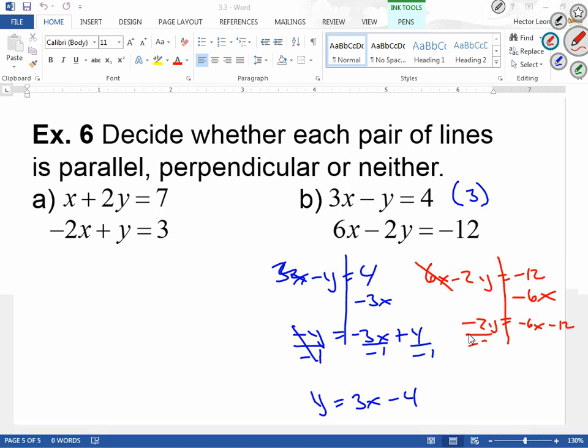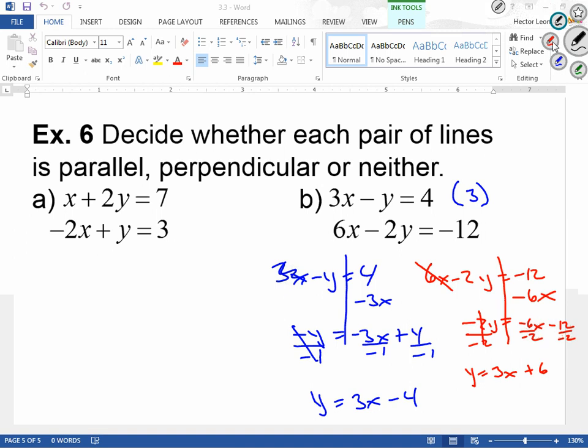Let me divide everything by negative 2. I get y equals negative 6 divided by negative 2, that's 3x plus 6. Right? Negative divided by negative is positive, so that's why plus. 12 divided by 2 is 6.